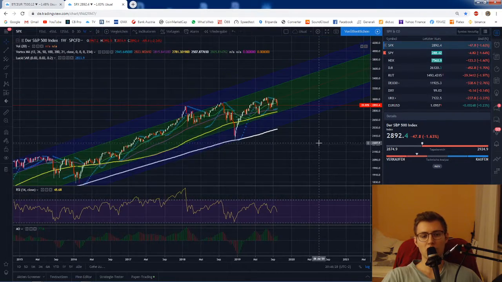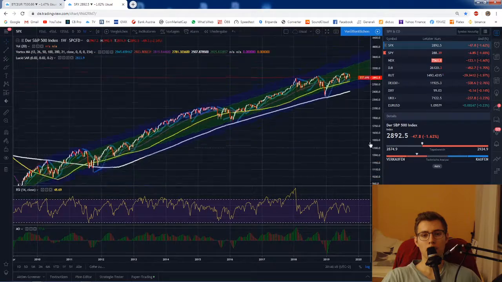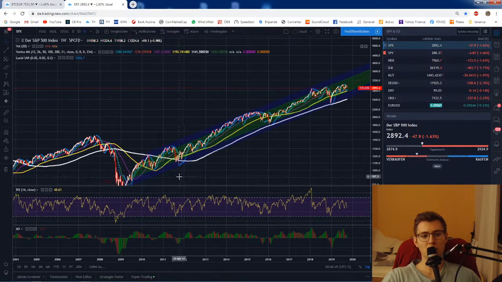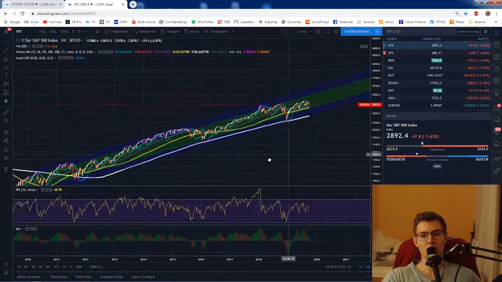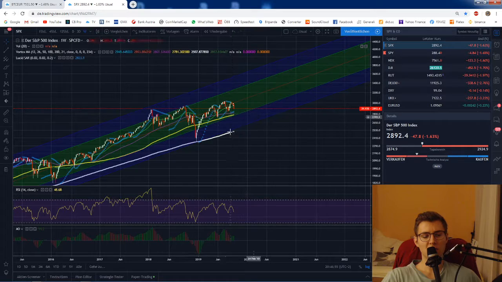That would be my outlook for the S&P in the coming months, or actually in this month. It would also align with this channel we had right here. I drew a pitchfork. It's forming quite nicely around it, and this could be playing out.